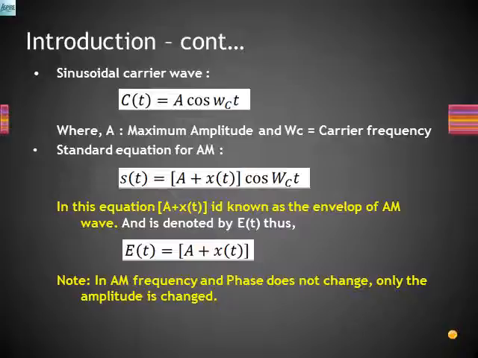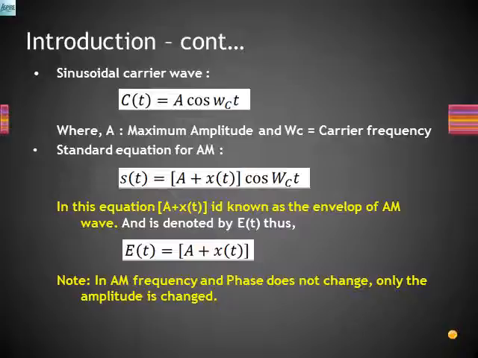And the next equation is the standard equation for amplitude modulation, which is s(t) equal to [A plus x(t)] cos omega_c t.